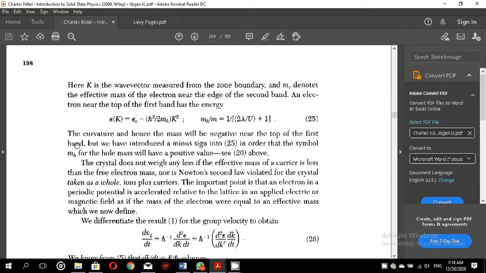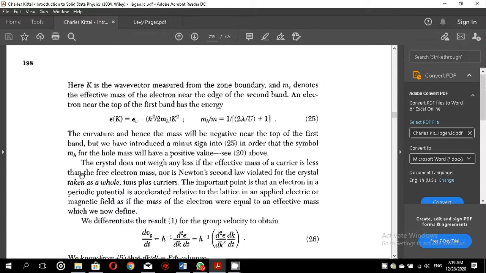So this is how you can understand the point we discussed in one of the previous chapters, that the effective mass can even be negative. But we have introduced a minus sign into equation 25 in order that the symbol m_h for the hole mass will have a positive value.